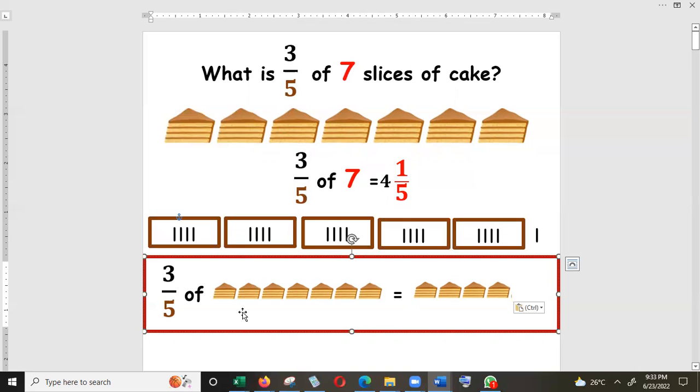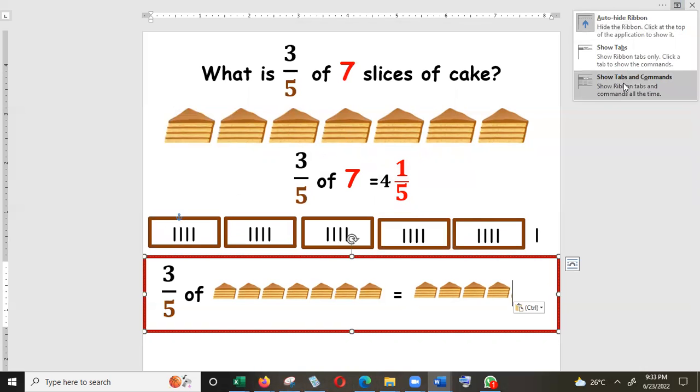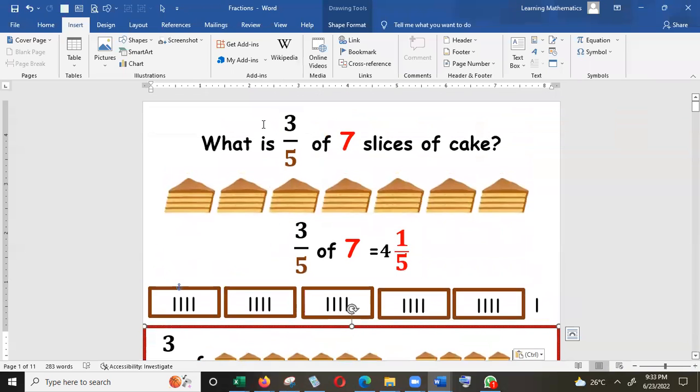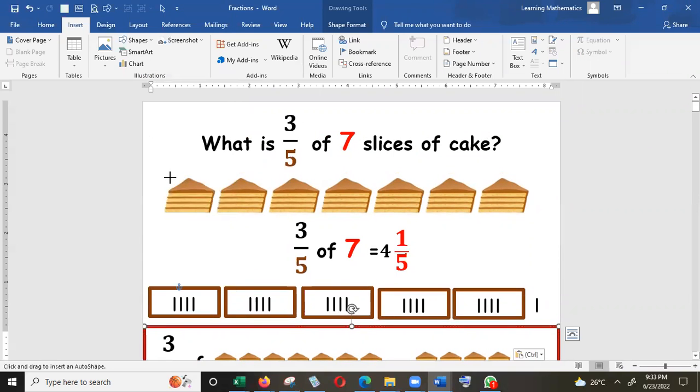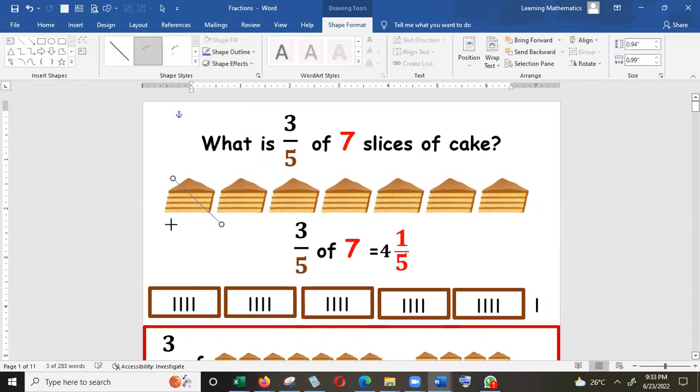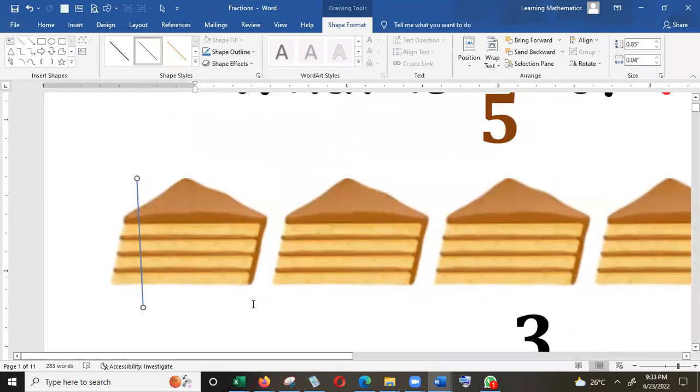So how can we get 1/5? We have to divide a cake into 5 equal portions to take 1/5. So there's a little challenge. Let's see how we can do that. So let's take 1 cake and try to divide it into 5 equal pieces, because we need to take 1/5.